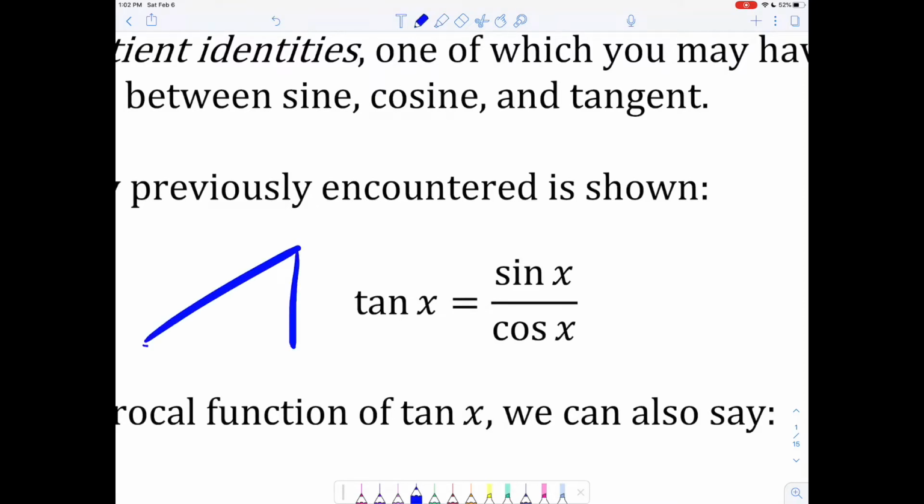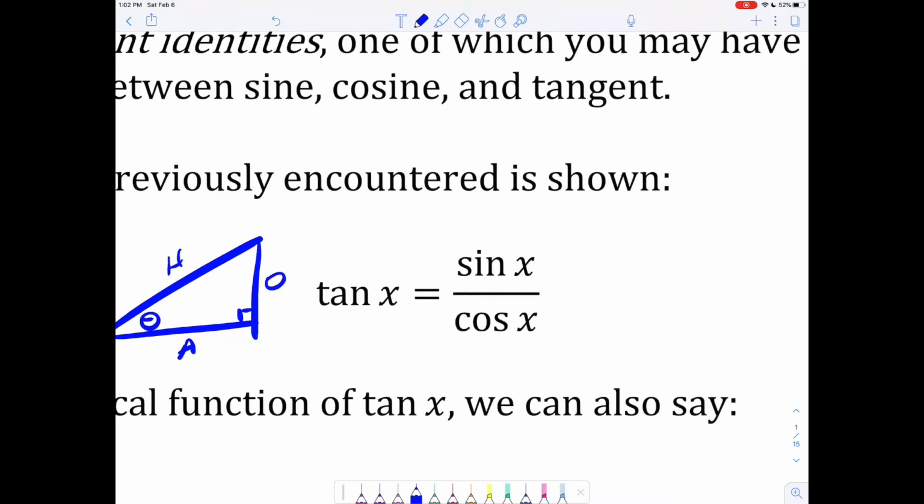If we look at right triangles, where we've got our opposite and our adjacent and our hypotenuse, if you take sine of theta, which is opposite over hypotenuse, and divide it by cosine of theta, which is adjacent over hypotenuse, then by simplifying this complex fraction, we just get opposite over adjacent, and that's the definition of tan x.